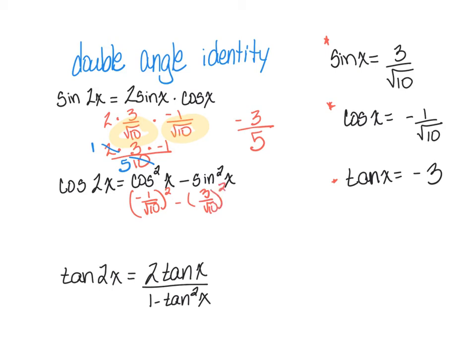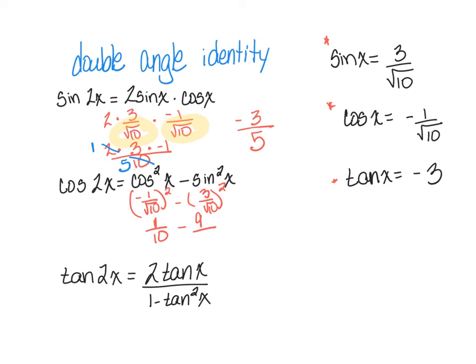Okay? So negative 1 over the square root of 10 squared. That's going to give me positive 1 over 10, because square root of 10 times square root of 10 is just 10. Then we're going to do negative 3 squared, negative, we're subtracting, and the 3 is just 3 over square root of 10 squared. 3 squared is 9.